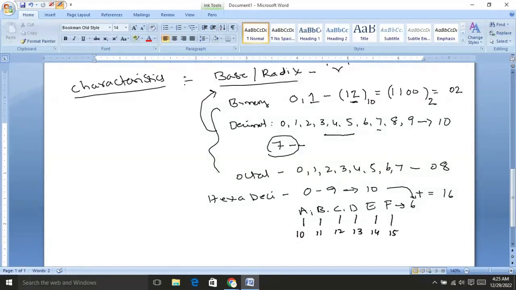Totally 0 to 9 and A to F, 16 symbols are there. So depending on this characteristic, the number systems are well defined.